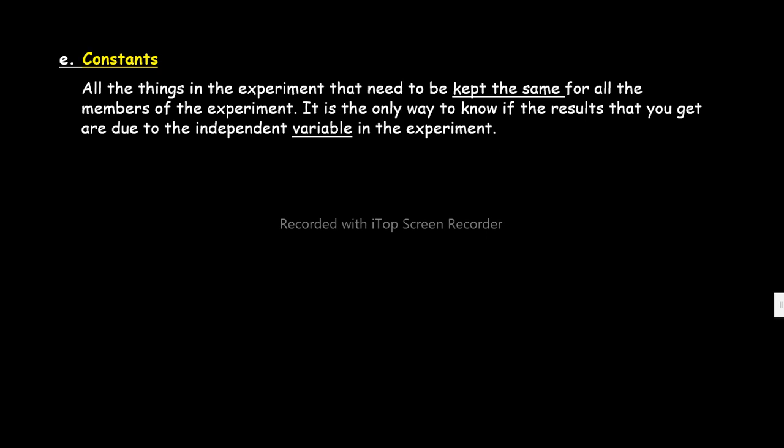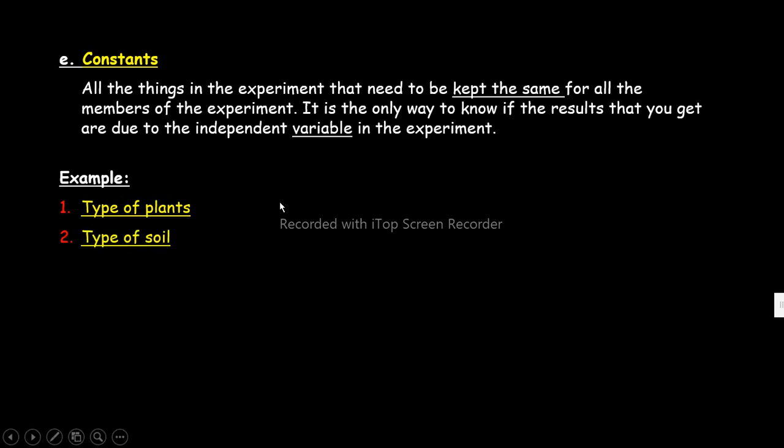Obviously, you won't get the results. So as you carry out such an experiment, these other factors must be kept constant, however, in optimum ranges. These other factors include, number one, the type of plants. They should be the same for all three groups. Type of soil: all of them must be put in the same type of soil.